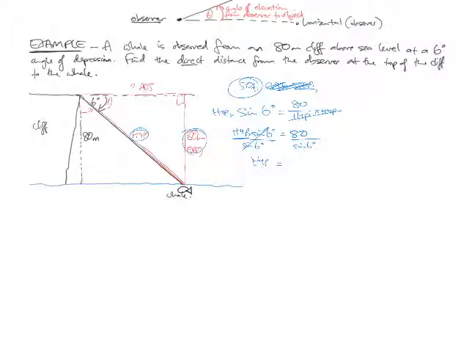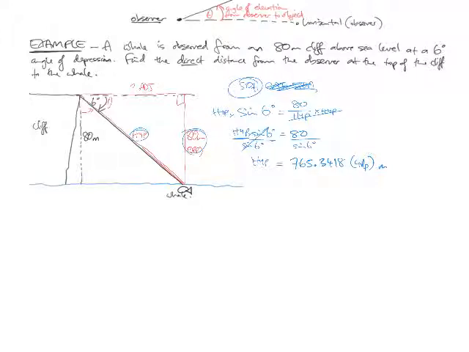So grab the calculator because I don't know what sine 6 is in my head. So 80 divided by sine of 6. Make sure that you're in degrees mode on your calculator. And hypotenuse comes to 765.3418 to 4 decimal places, and because the height of the cliff was given in meters, this would be meters.